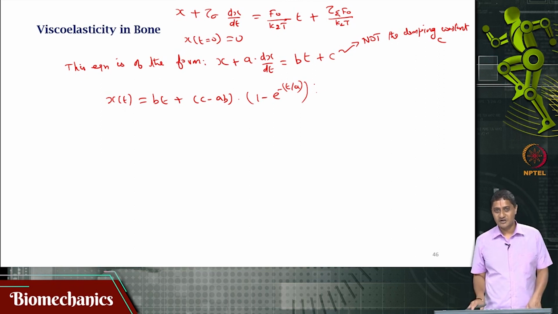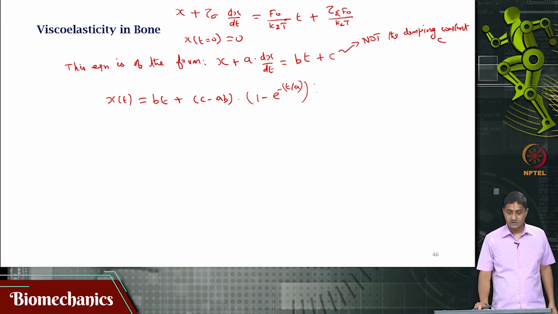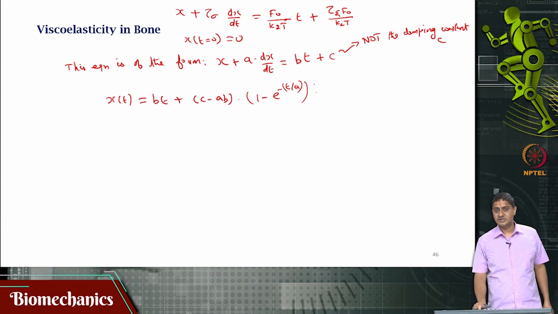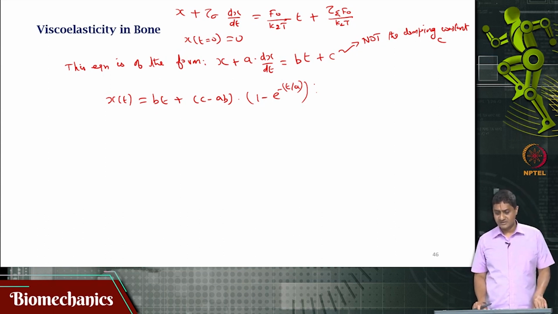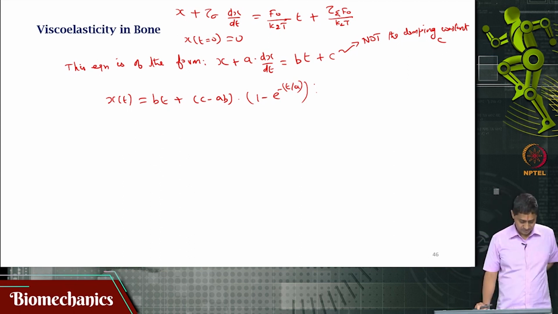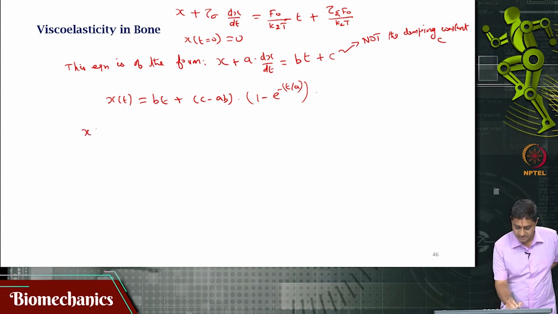Now check this form of the equation by substituting into the original equation, and you can actually try and find the values of the constants a, b and c. I leave that as an exercise. Do that and also check whether the values of a, b and c are something that you can obtain from this. So what would be the final solution?